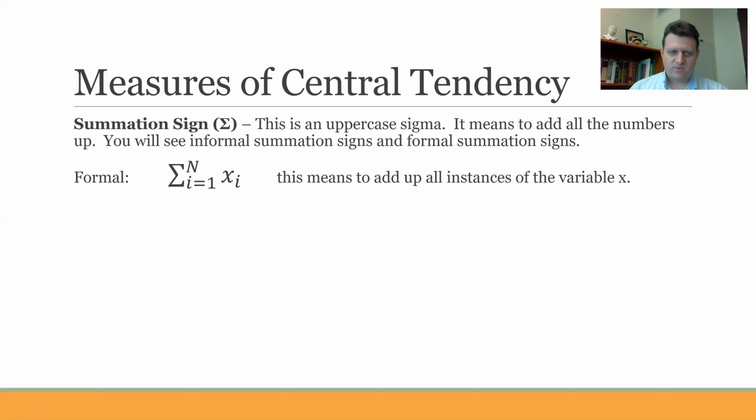All right, so here we have a summation sign. We have a top part of the summation sign, and we have a bottom part of the summation sign, and then we have what it is that we're adding up. All right, so we've got this top part, we've got this bottom part, and we've got what it is that we're adding up. Okay, now there's a lot of gobbledygook here.